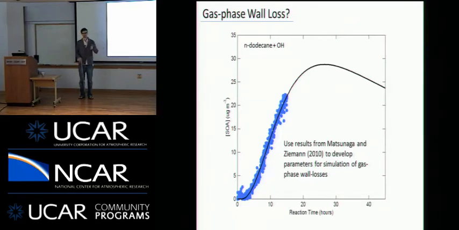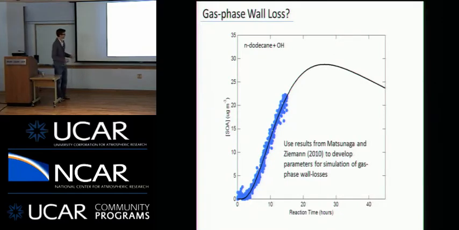So the extent to which stuff goes to the walls depends on the volatility of the species involved. But the rate coefficients tend to be independent of the individual species because they're mostly determined by just molecular transport through the boundary layer near the walls and mixing within the chamber. But how much goes to the walls depends on what that species is.